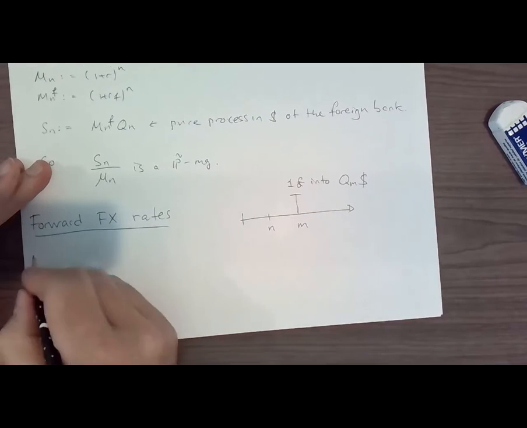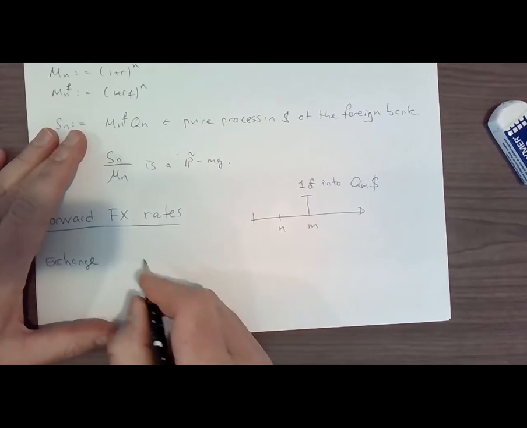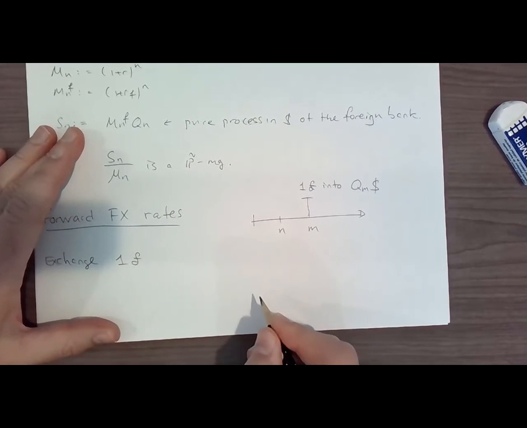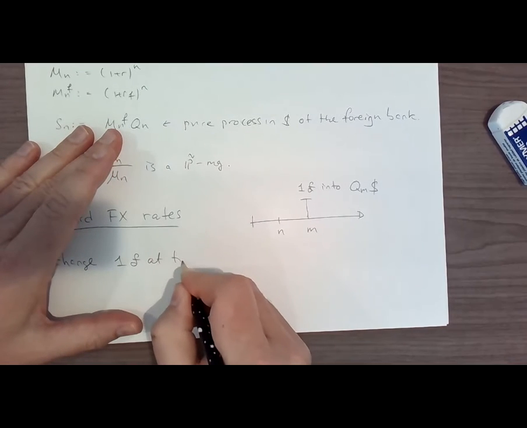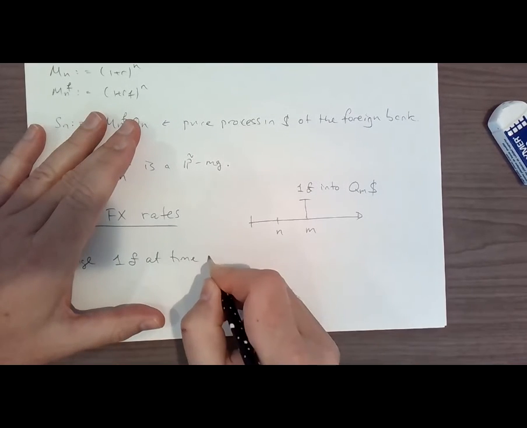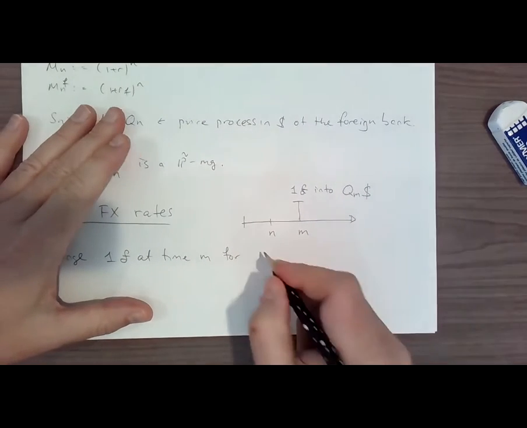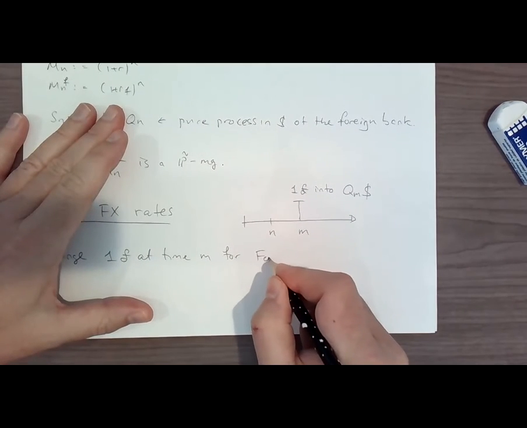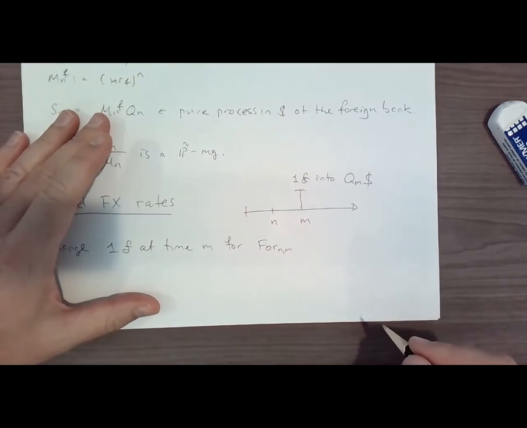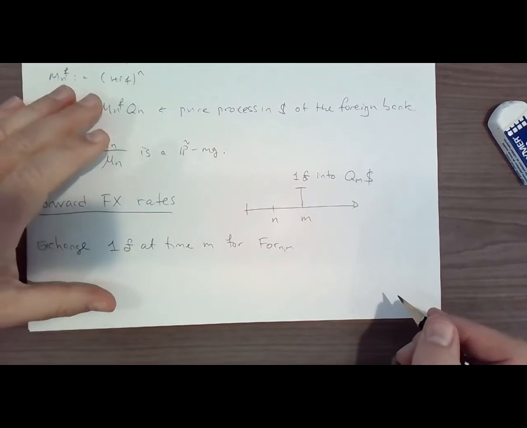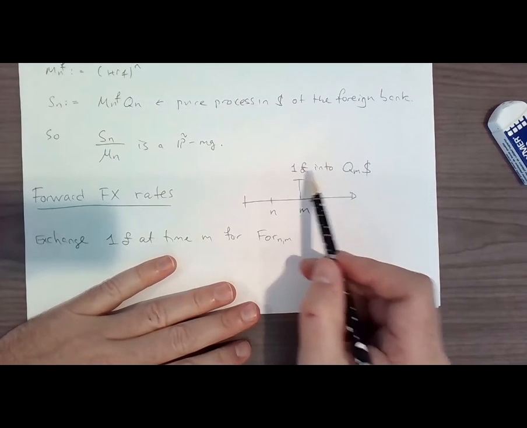So you're going to exchange £1 at time m for this fair value. It's called F_n^m. Right, so if you're sitting at time m, you can convert £1 into Q_m.